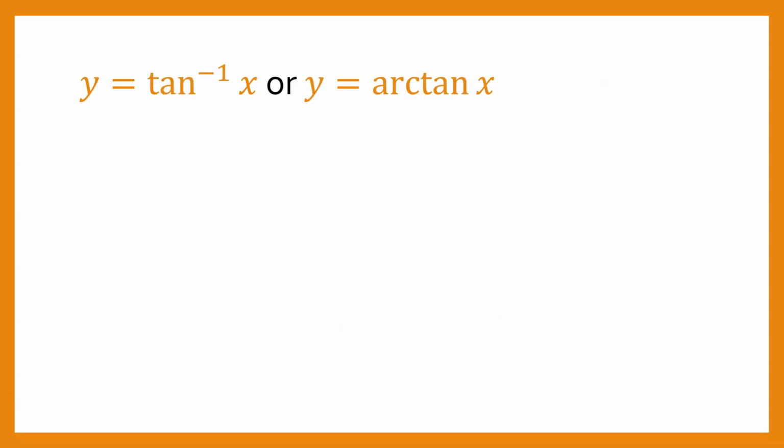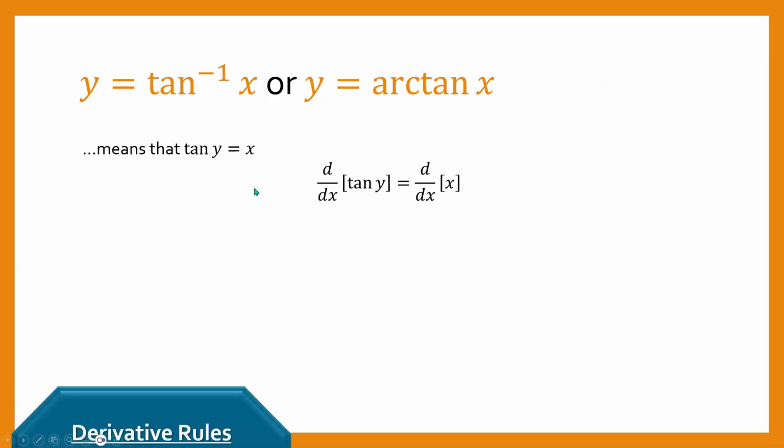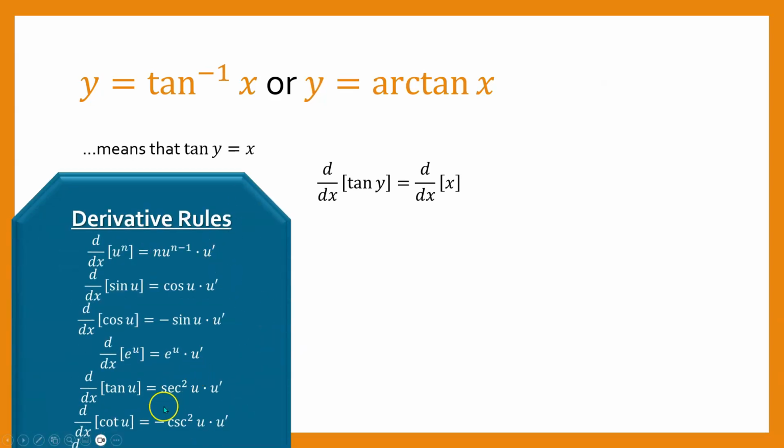Okay, what about the arctangent or inverse tangent function? What's the derivative of that? If y equals the inverse tangent of x, that would mean that the tangent of y equals x itself. So what's the derivative? Well, if we differentiate both sides of that equation, what's the derivative of the tangent of something?